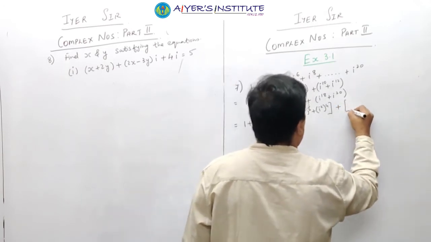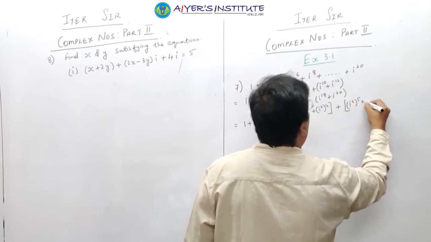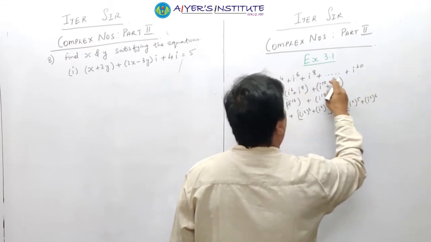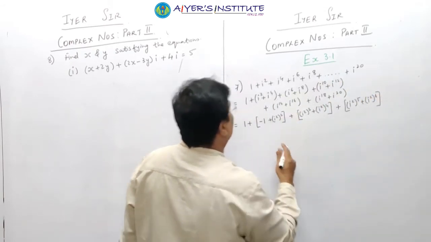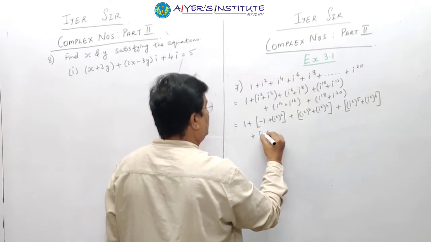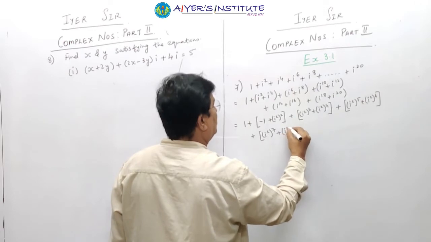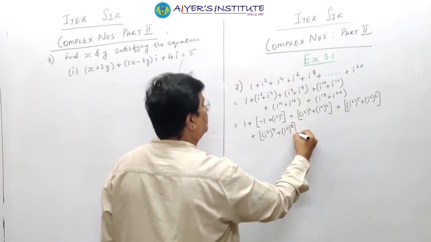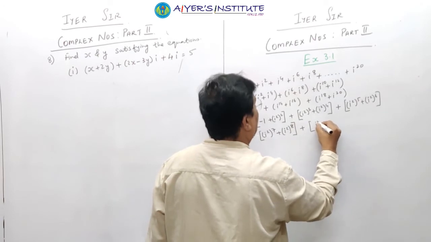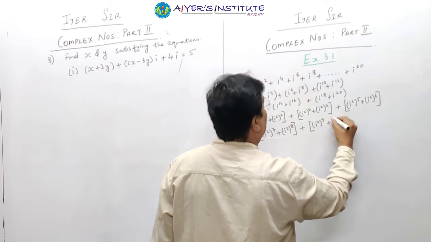I raised to 10 will again be i square raised to 5. I square raised to 6, because 6 2s are 12, 5 2s are 10. Here i square raised to 7, i square raised to 8, i square raised to 9, i square raised to 10.